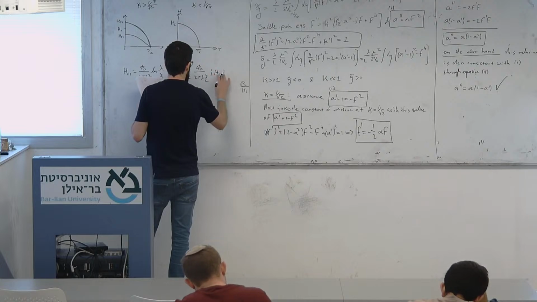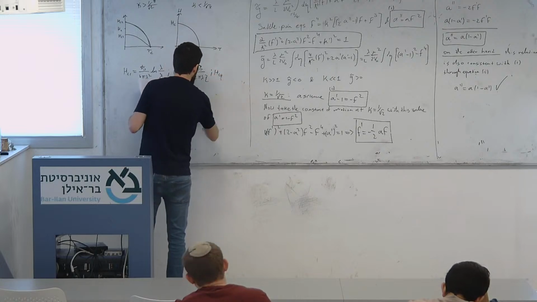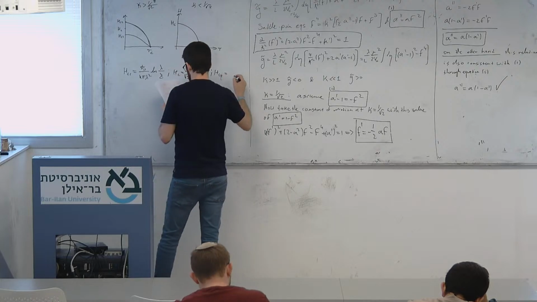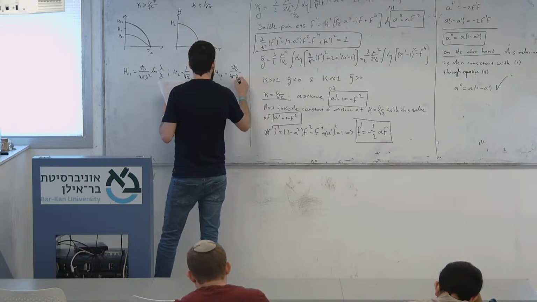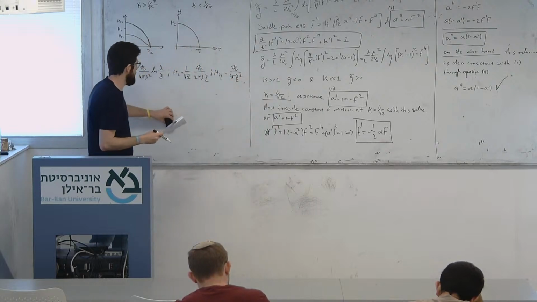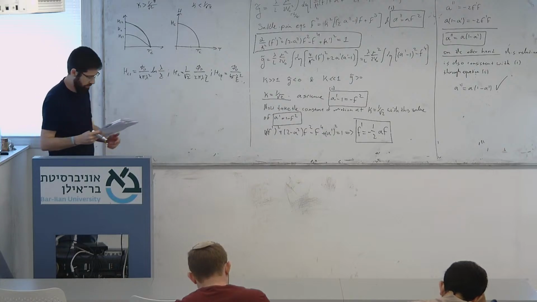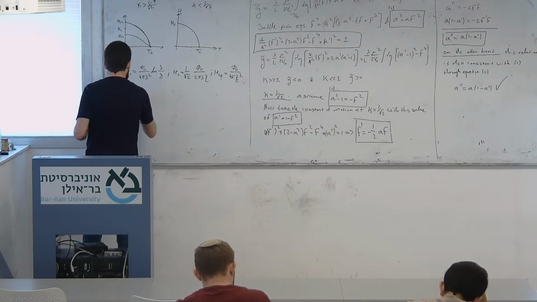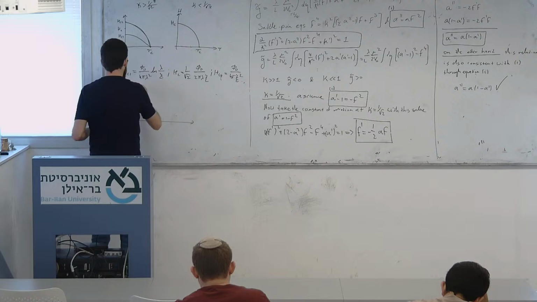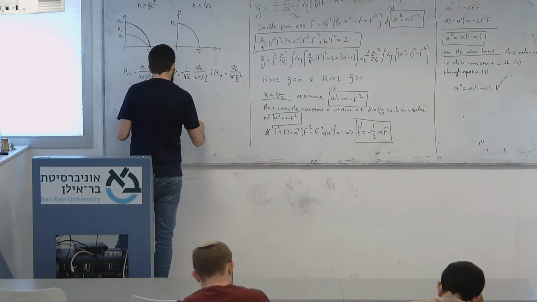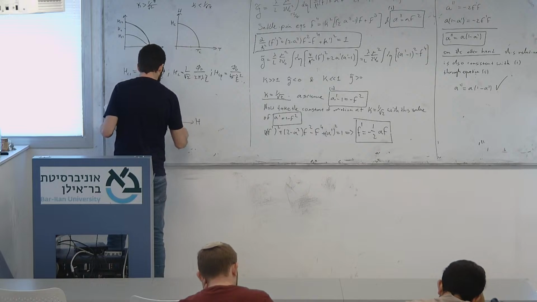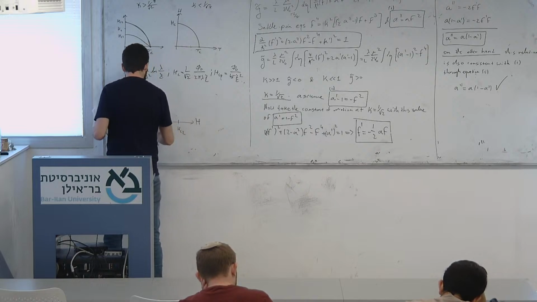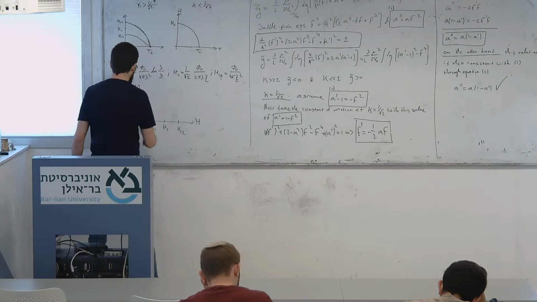And HC2, which we derived last time, is phi naught over 4 pi psi squared. Okay, so this is the phase diagram, and if I plot the magnetization versus H, then I have here HC, here HC2, and here HC1.